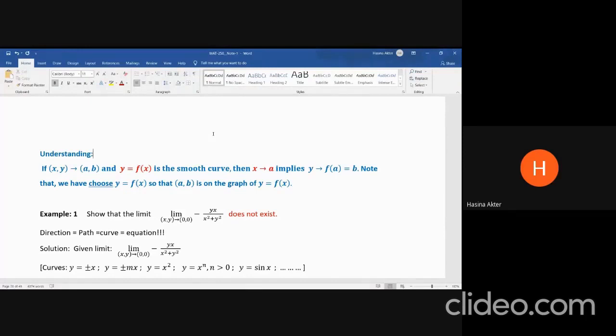How many directions do we have in total? Infinite. So from infinitely many directions, from each direction we must have the same limit. So checking only 10 directions does not confirm the existence of the limit, right? Yes, miss.